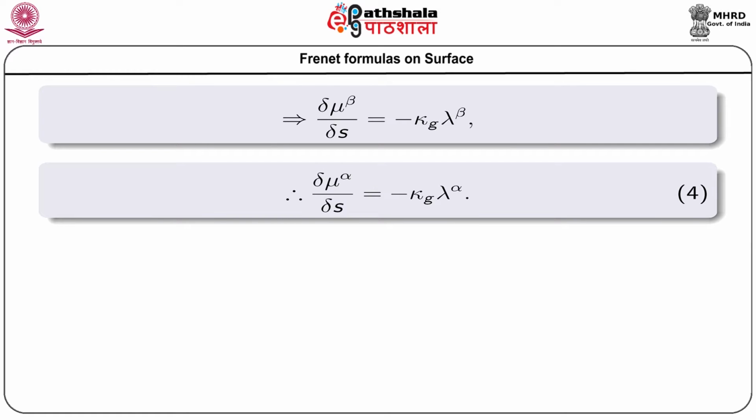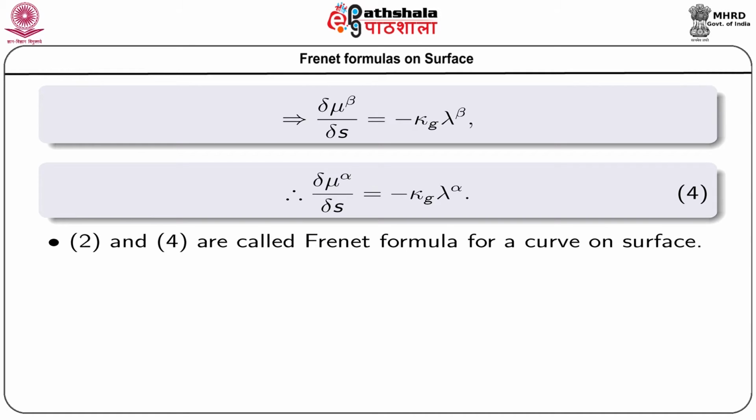That means we can express this by del mu alpha del s equals minus kappa g lambda alpha. So, the previous equation and this number 4 are called Frenet formulas for a curve on a surface.